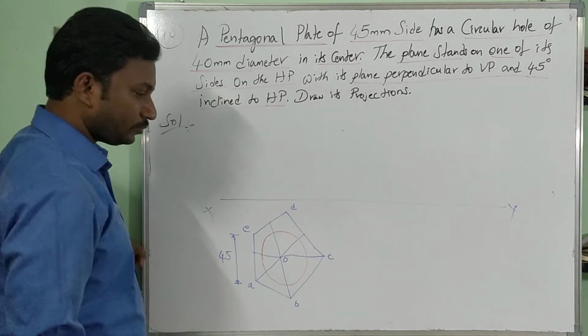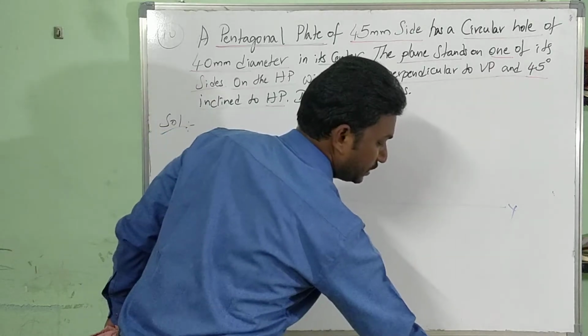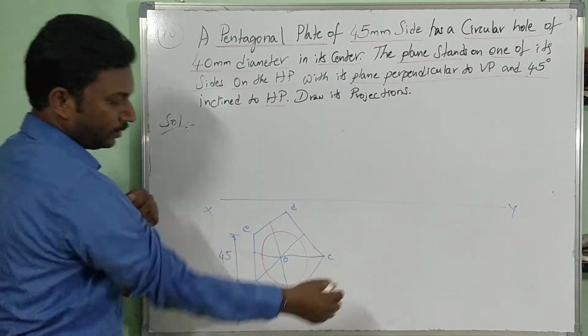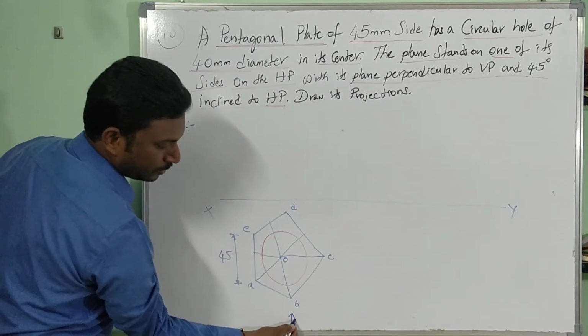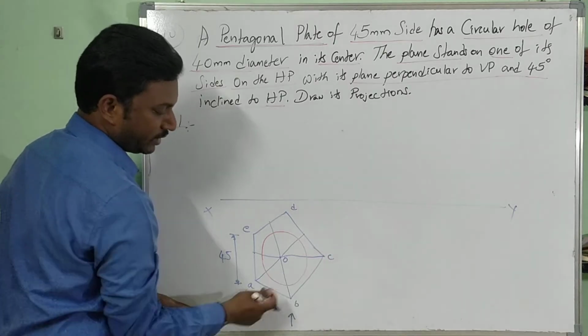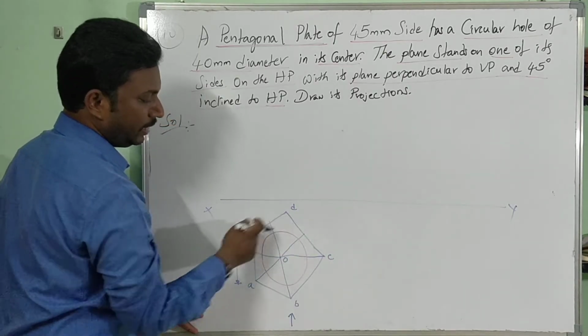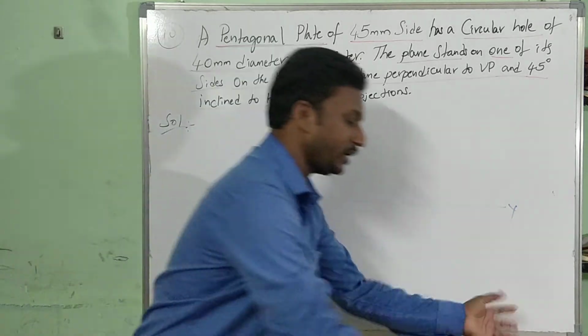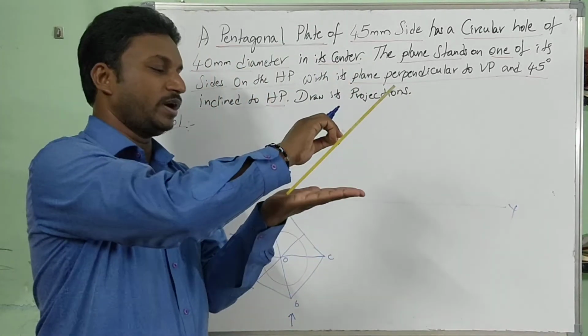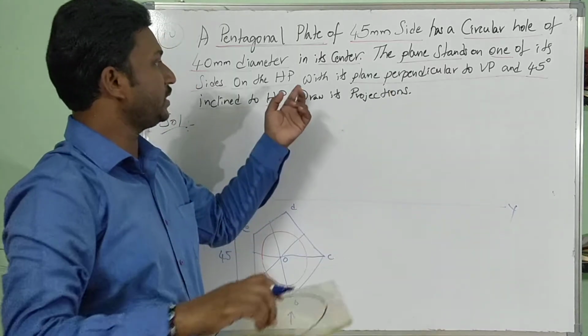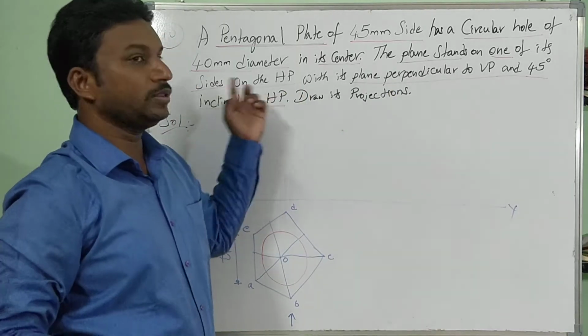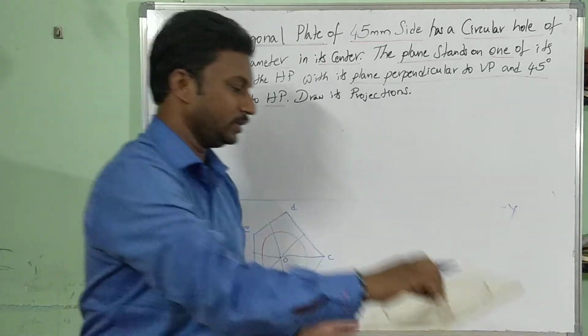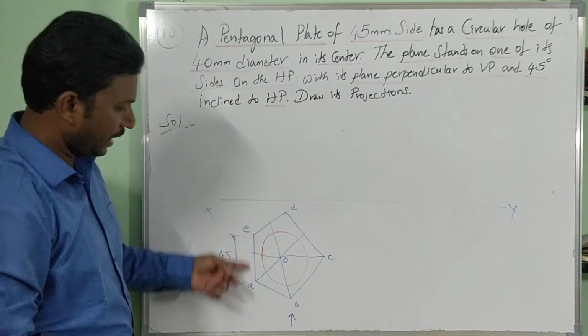Now, projecting its front view is nothing but looking from here. You can see A, B, C clearly, D, E at the backside. As already discussed, when I remove the angle of 45 degrees, one side is on HP. That side I am making is AE.